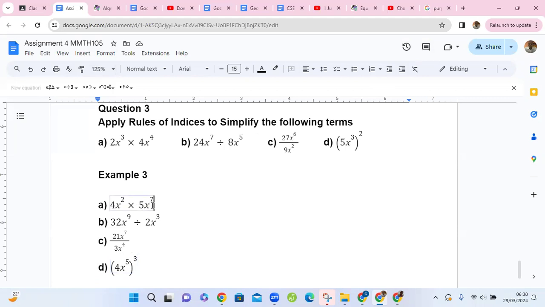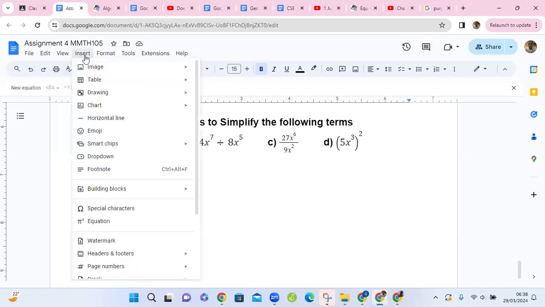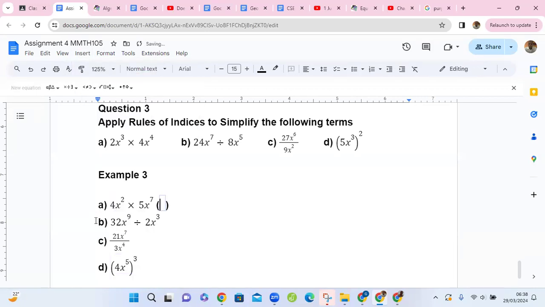Now, the rule we're going to apply here for number 4A is the rule when you multiply indices and the bases are the same. For example, let's say you have ax raised to the n. So x is the base, n is the exponent, and a is the coefficient.